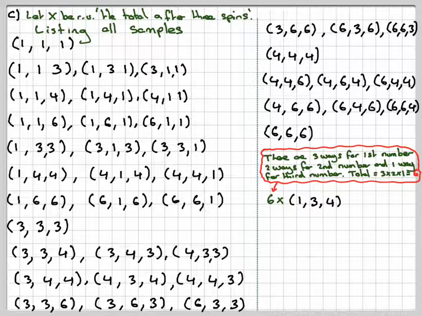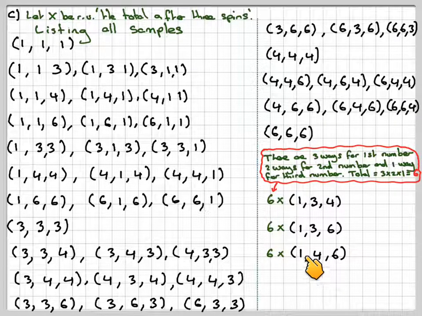So I'm going to multiply that one by 6, and then do 6 times 1, 3, 6, missing out the 4 this time, and then missing out the 3, I'm going to have 1, 4, 6, and then missing out the 1, 3, 4, 6. Each of those can happen 6 different ways. Right, we're interested in the mean of each of these.